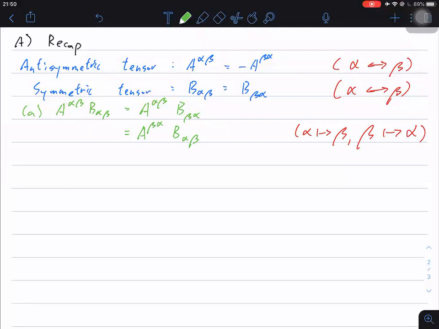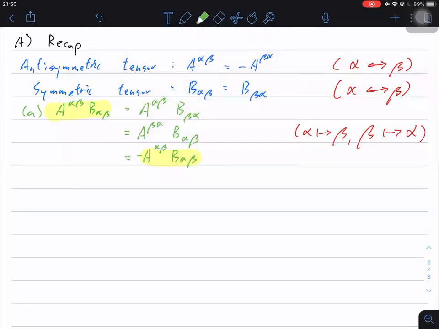For the second property, since A is an antisymmetric tensor, if we swap the indices from beta alpha to alpha beta, then we have an extra minus sign in front. So up to now, we obtained a form exactly identical to the left-hand side with an extra minus sign.